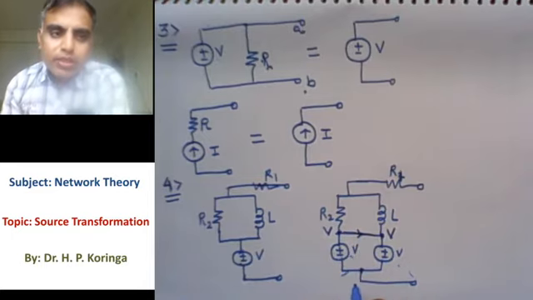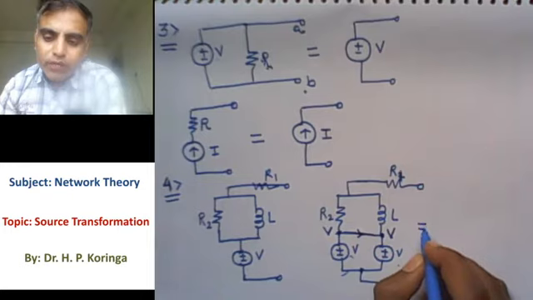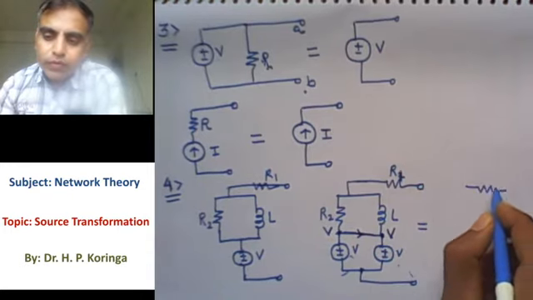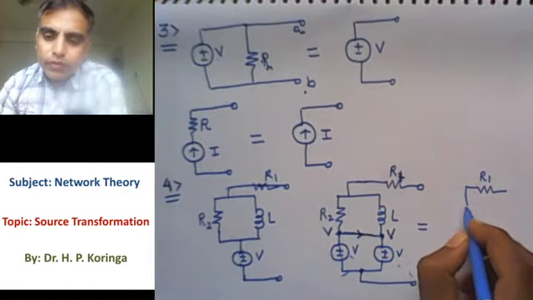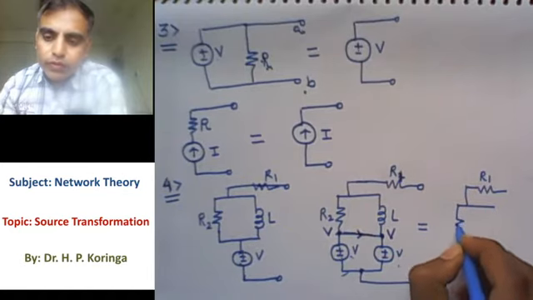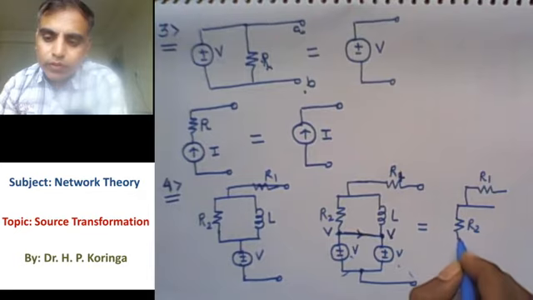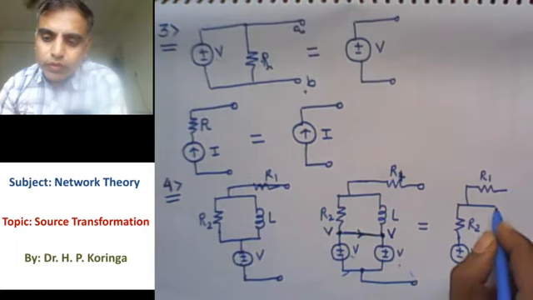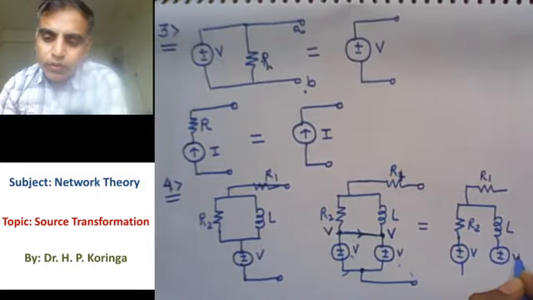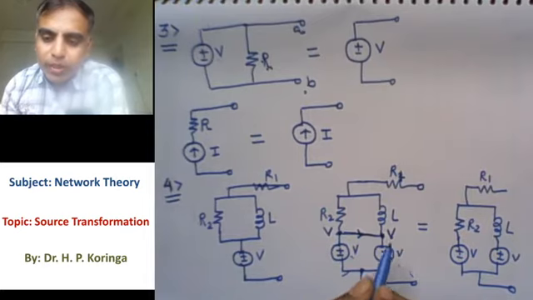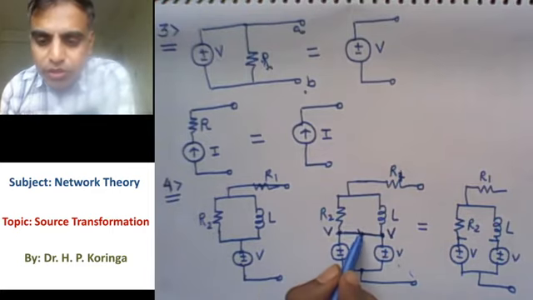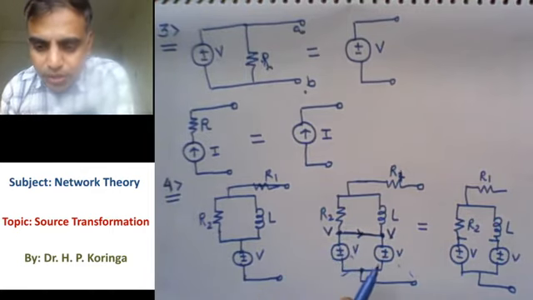That means it is an open circuit, so we can replace this branch with an open circuit, because there is no current flow through this branch, having two equal potentials.